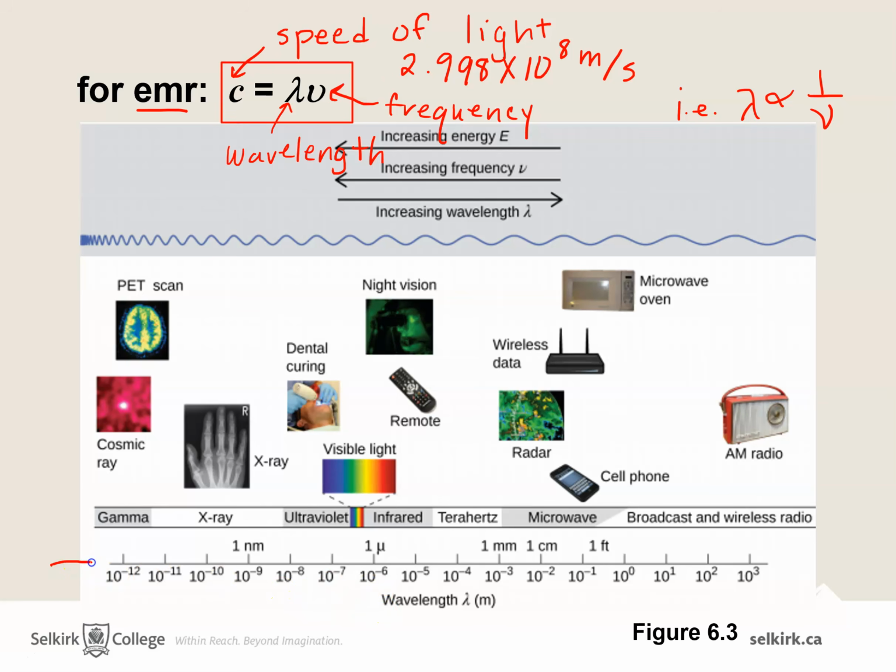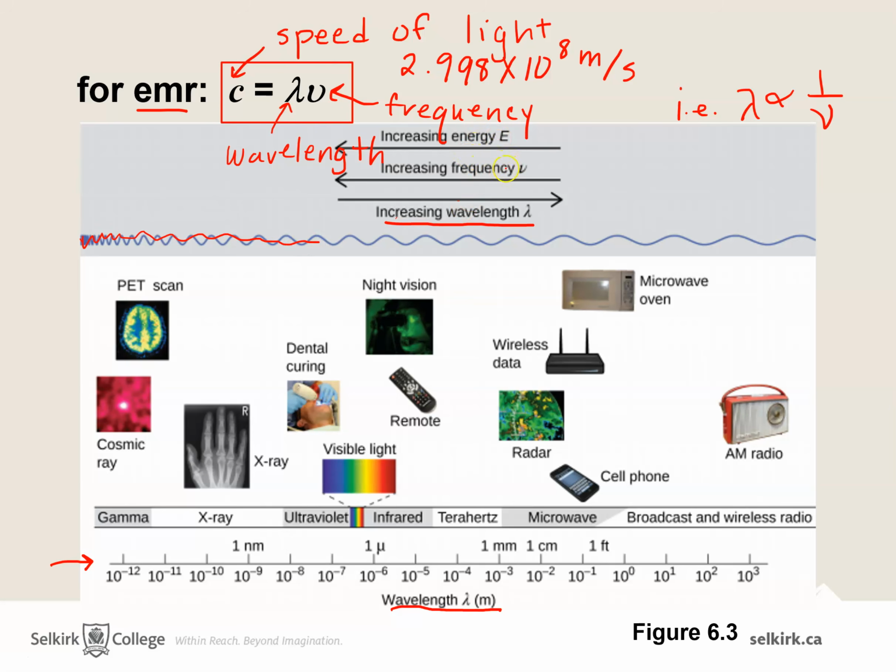So down here, I've got a scale. On that axis, we're measuring wavelength in meters, and you can see that the wavelength gets bigger to the right. That's what the scheme at the top of the diagram says, is that wavelength increases to the right. I like the little schematic here. They're also showing here that the wavelength increases to the right.